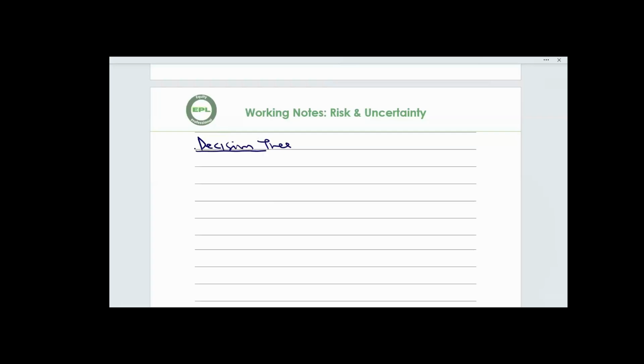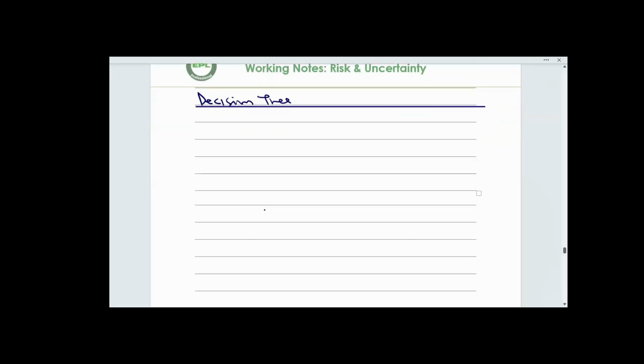So decision tree is one of the methods of mitigating risk and uncertainty. All right. So what do you mean by decision tree?